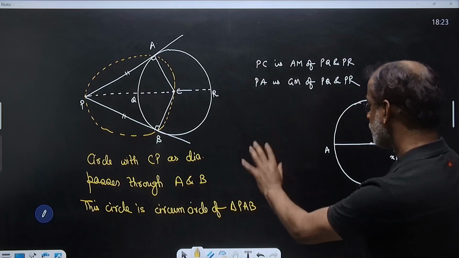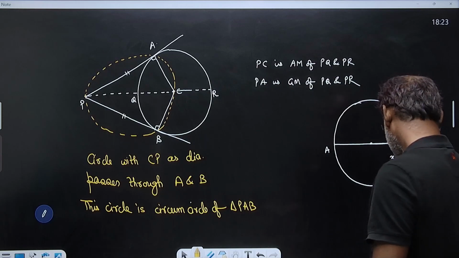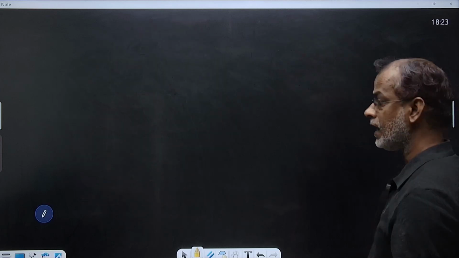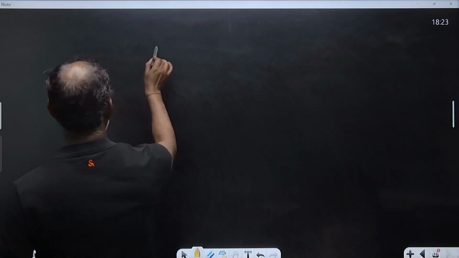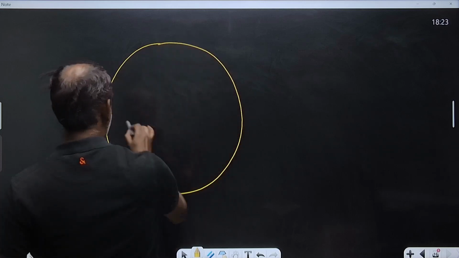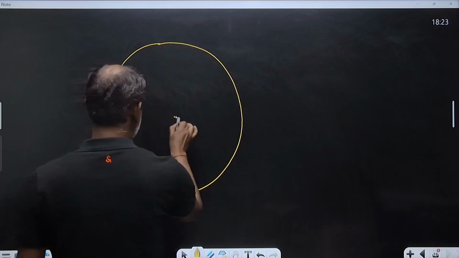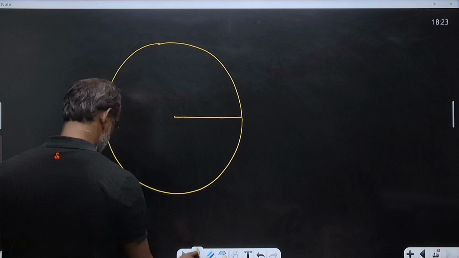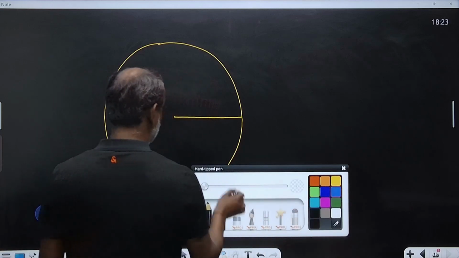Now, based on this fact, if somebody asks you a question like this: you consider a circle of radius r, say 2r. Now draw another circle of radius r.